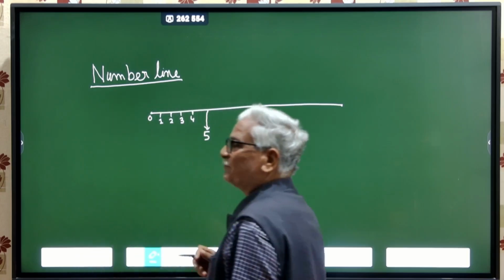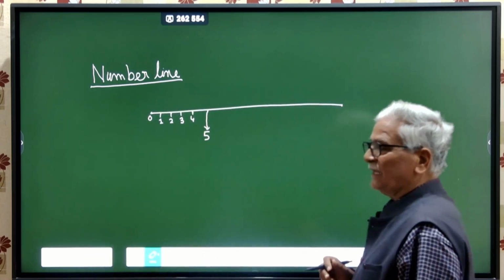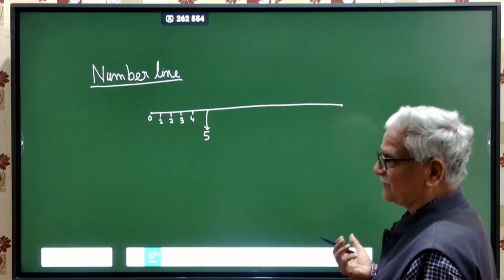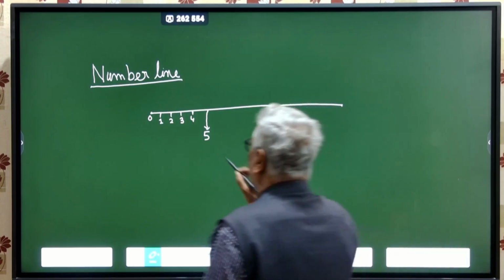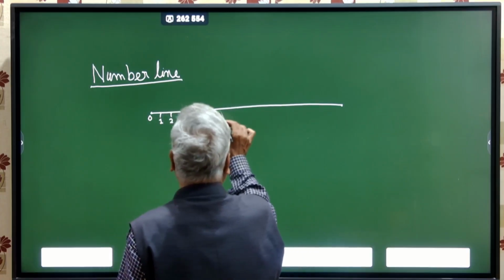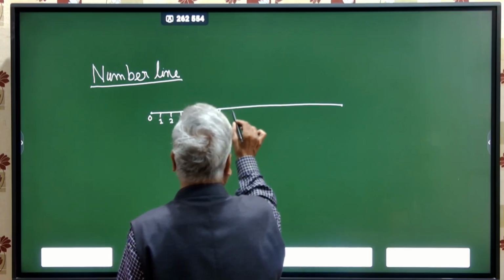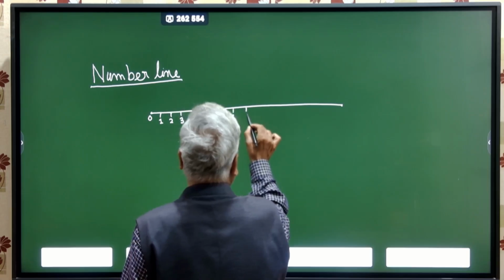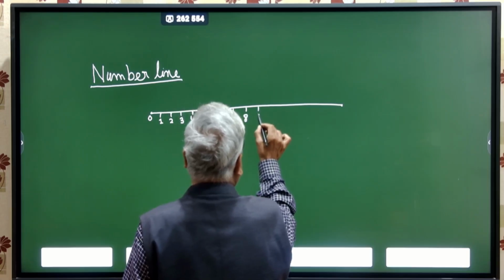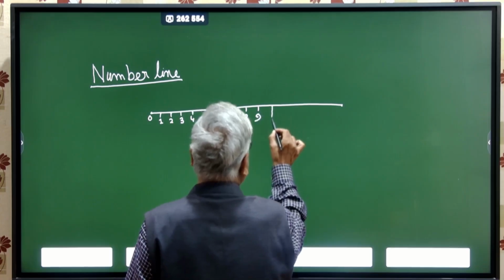This 5 plays a very, very important role in the future classes, in the higher classes. So at every 5, just like it is 6, 7, 8, 9 and 10.